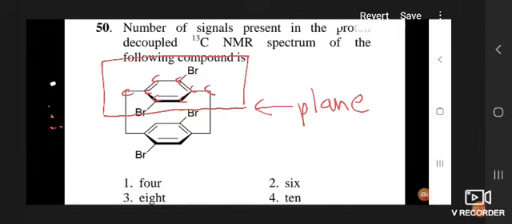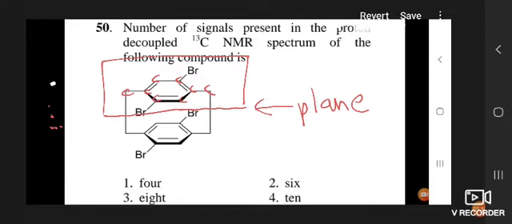So we have to look at whether all these 8 carbons are different or some of them are similar. If all are different, then the number of CMR signals is 8. Different carbons mean different signals. But if the carbons are the same or form the same group, then their signal is also the same.